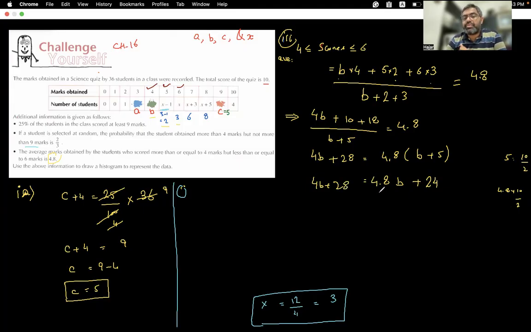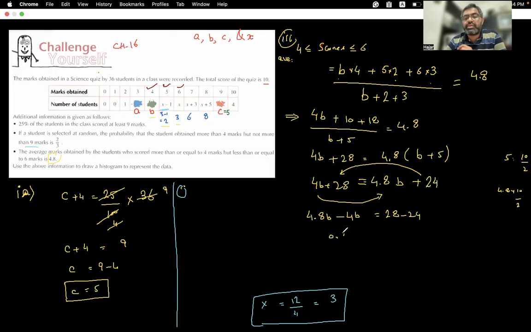Now we have to solve for B: bring everything with B to one side and constants to the other side. I can bring 4B to this side, so it becomes 4.8 minus 4 times B. I just put it on the left side for my ease. And then 24 goes toward 28, so it becomes 28 minus 24.